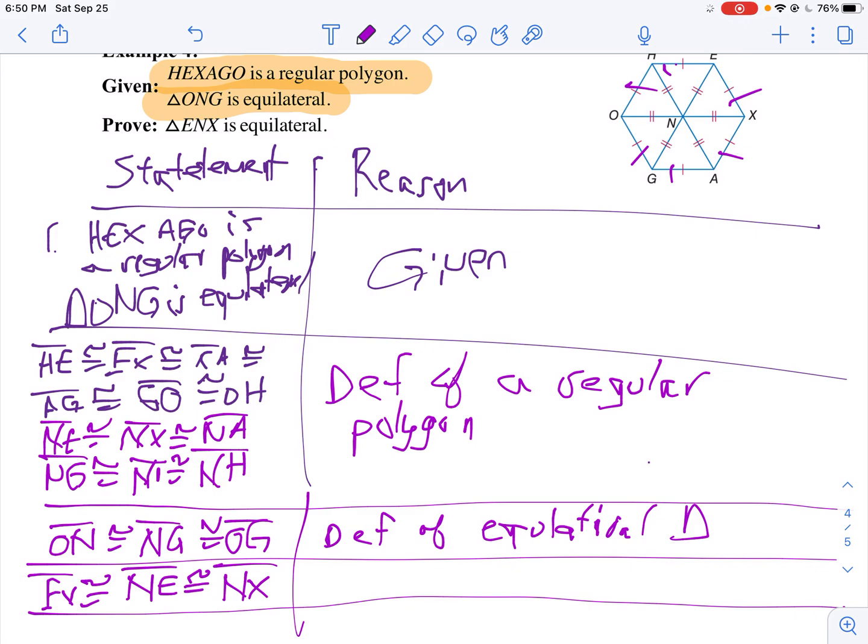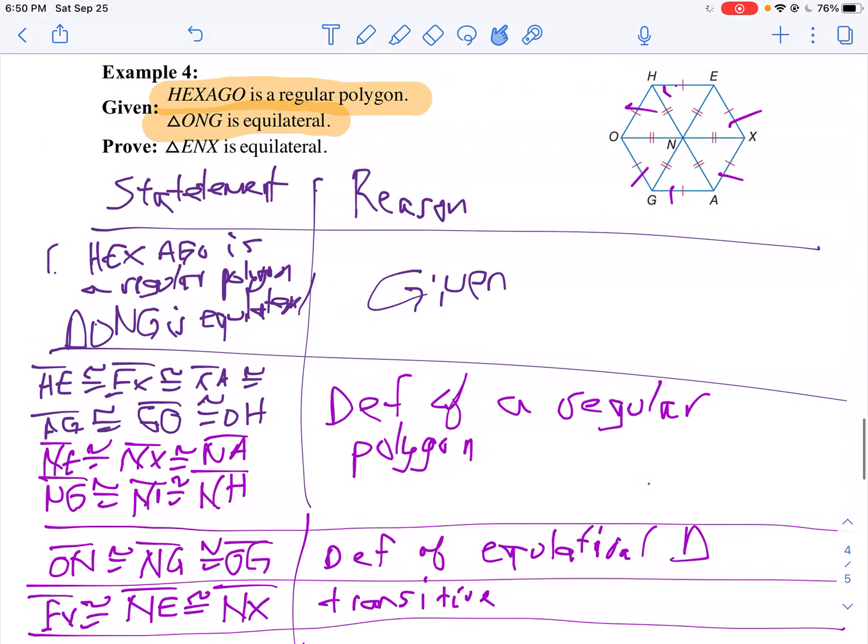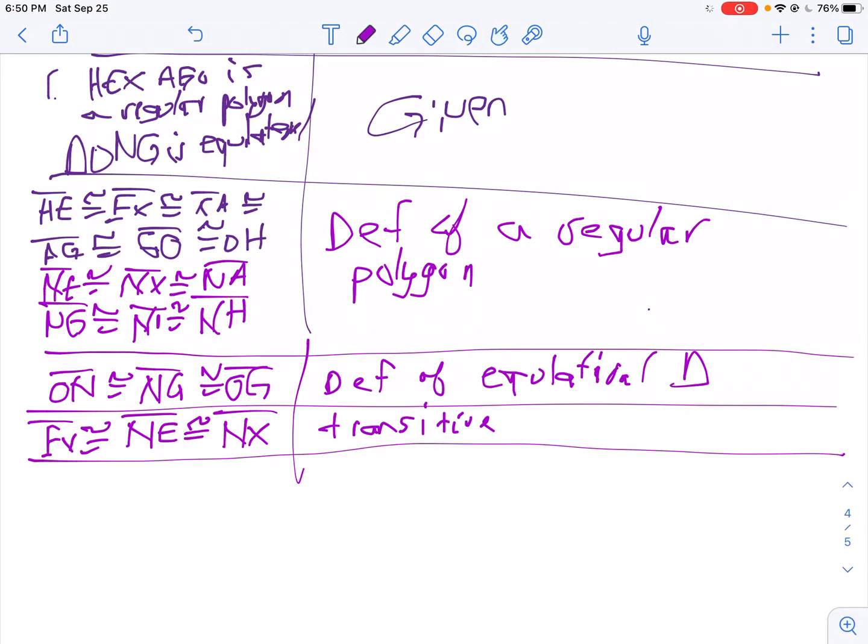The reason I know that is because of the transitive property. Because I know everything that I'm not congruent are equal. Well, since you've got three equal sides, that makes triangle ENX equilateral. So we can say triangle ENX is equilateral.